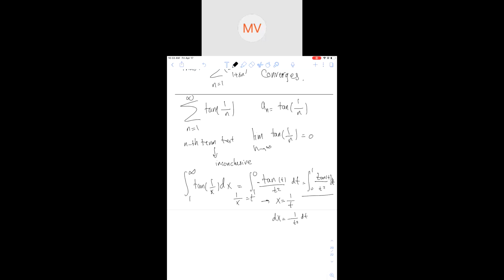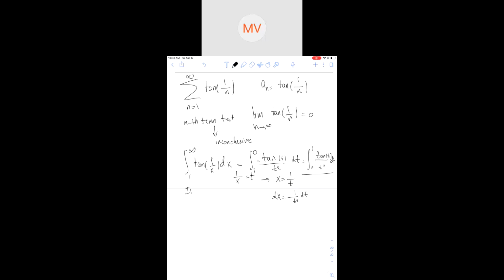So it didn't even become easier. So integral test is not a good option, not the best choice.